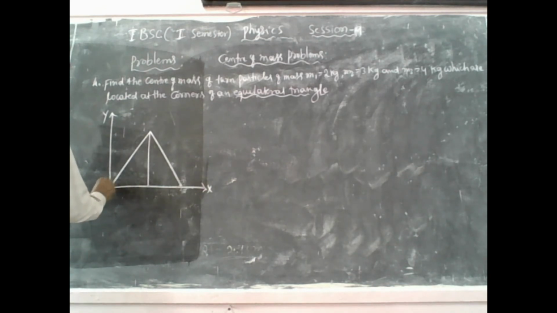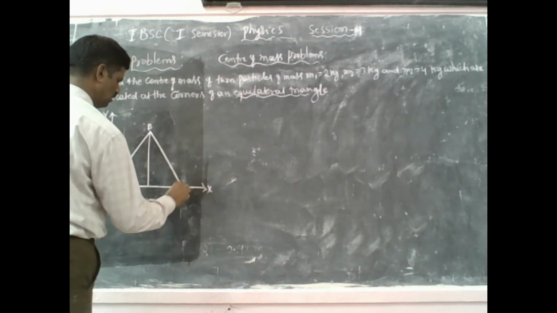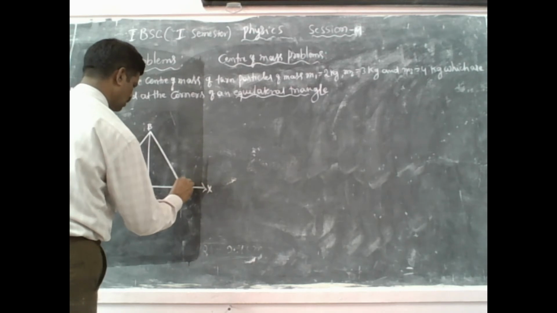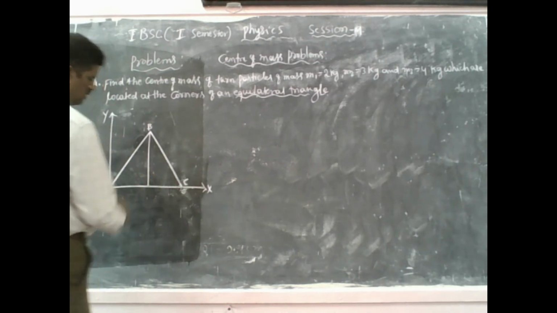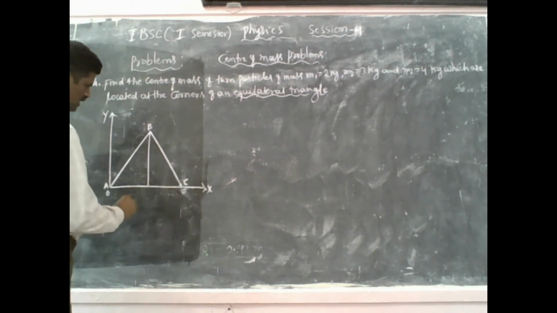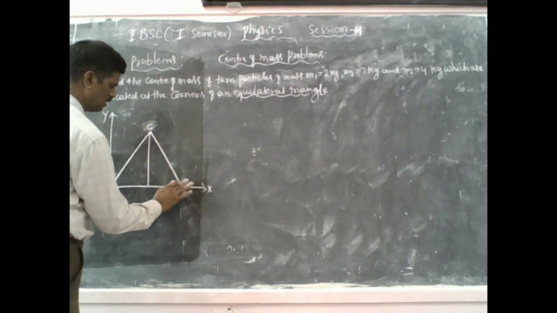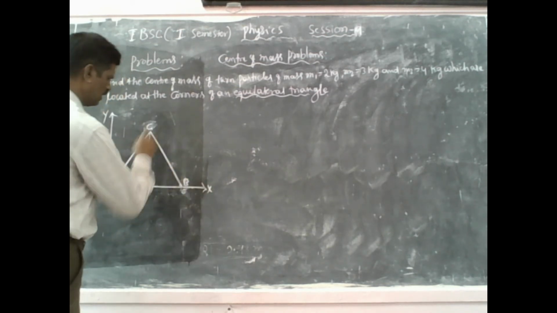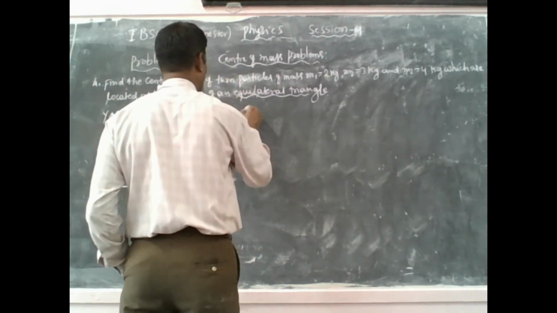Here A, B, C are the vertices of the triangle.